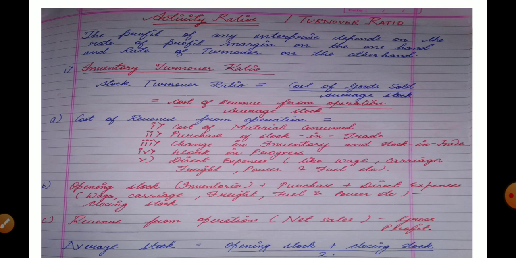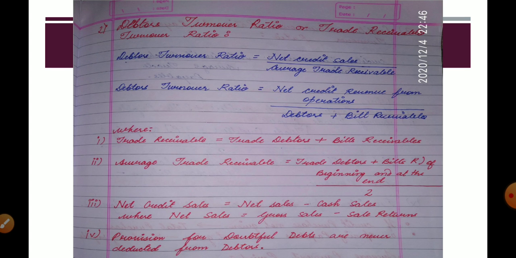Now, debtors turnover ratio or trade receivable turnover ratio. In this ratio, we indicate the relationship between credit revenue from operation and average trade receivable during the year. So, the formula is net credit sales upon average trade receivable.